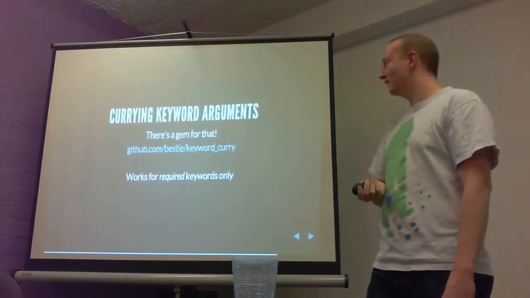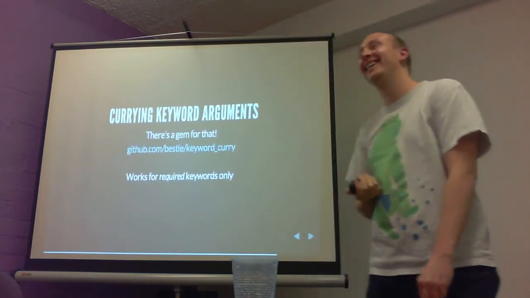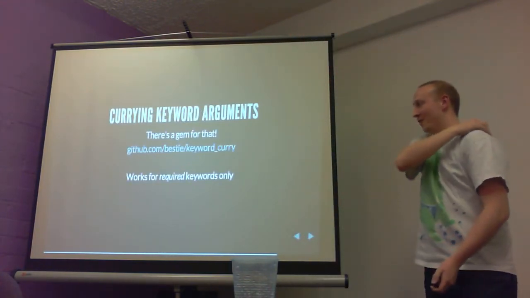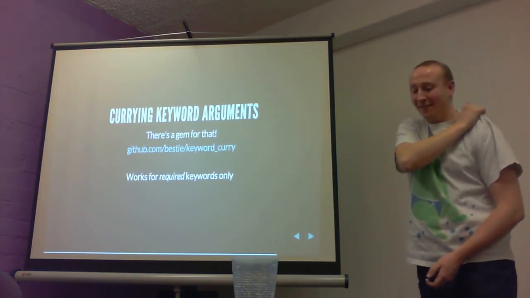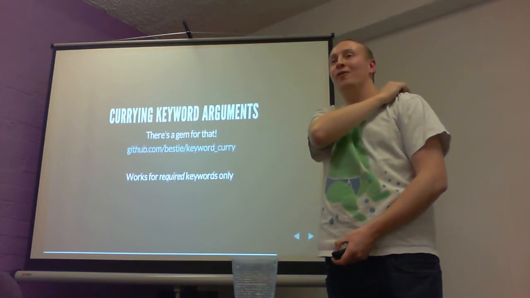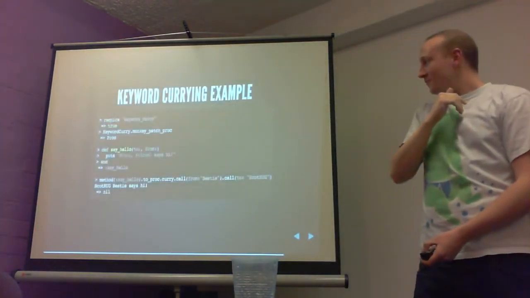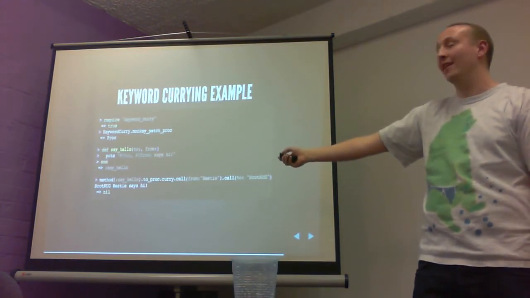So much of a fan that I wrote a gem. If you want to curry your keyword arguments, there is a gem there for you to have a look at. And in the same way that currying worked before, I'm afraid there's a monkey patch in there, but it's explicit.